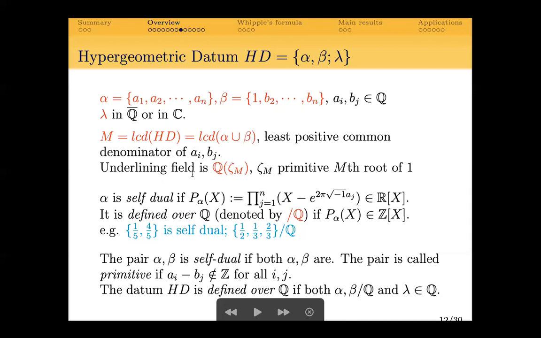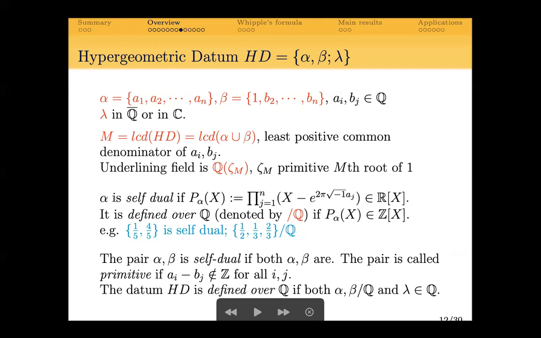And now here are a few more terminologies which are useful for our application. A multi-set alpha is said to be self-dual if we look at the corresponding polynomial obtained by taking a formal variable x minus the corresponding root of unity computed from a_j. I have n of them, I take a product. If the coefficients turn out to be real, then I call alpha self-dual.